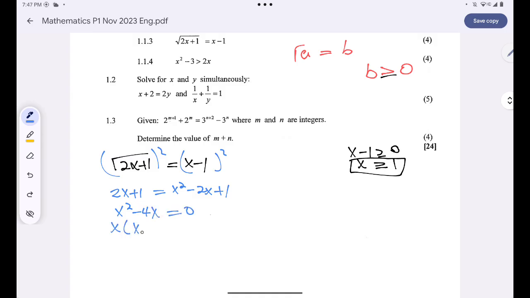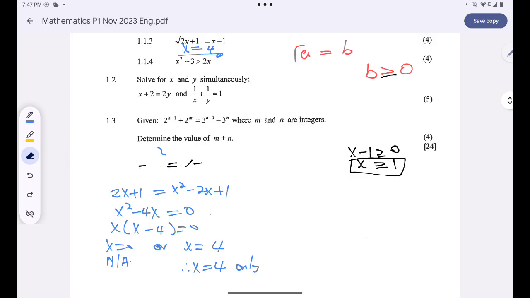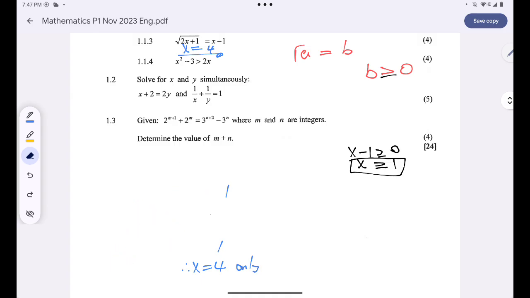Then x minus 4. Then x is 0 or x is equal to 4. This guy is not applicable, so therefore x is equal to 4 only. So x is just equal to 4. That's how we would have tackled 1.1.3. And then now we move to the inequality. The inequality, okay.